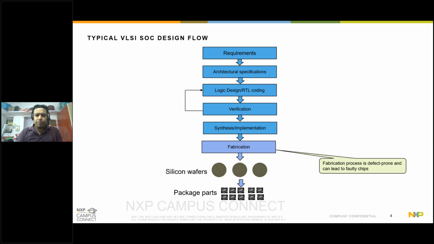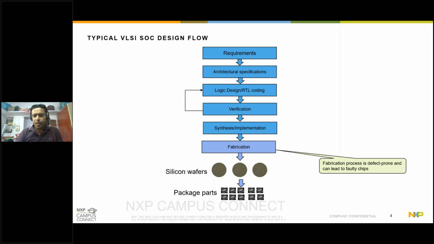In this manufacturing process, your design would be manufactured into individual dies on a silicon wafer. These dies are then cut out and assembled into packaged parts. The point to note here is that this fabrication process is defect prone and it can lead to faulty chips. Just imagine what will happen if you are using a faulty chip. These faults can cause your chip not to operate as per the architectural specification or the requirements.